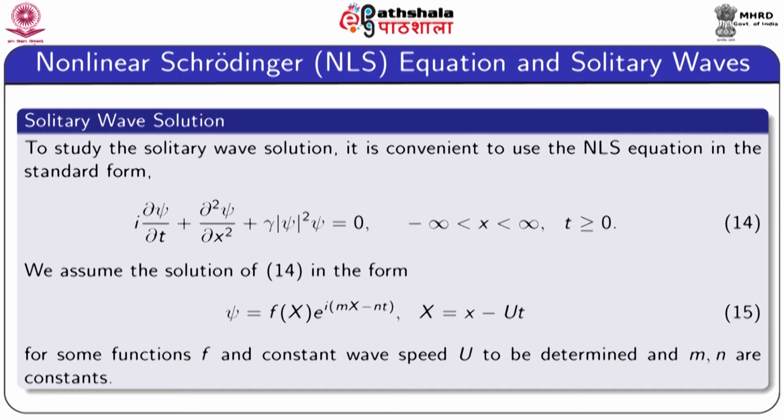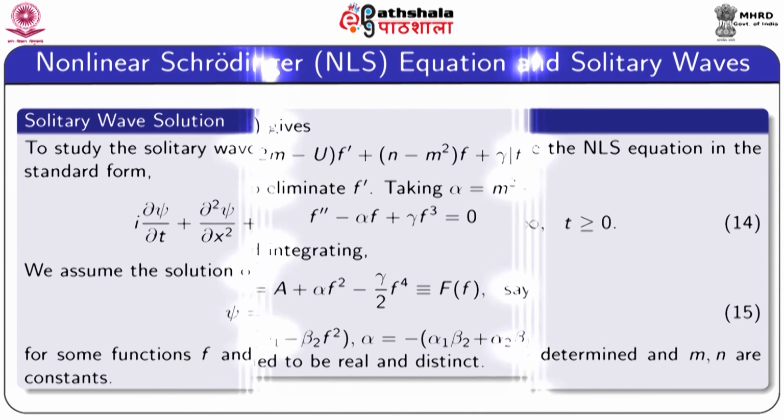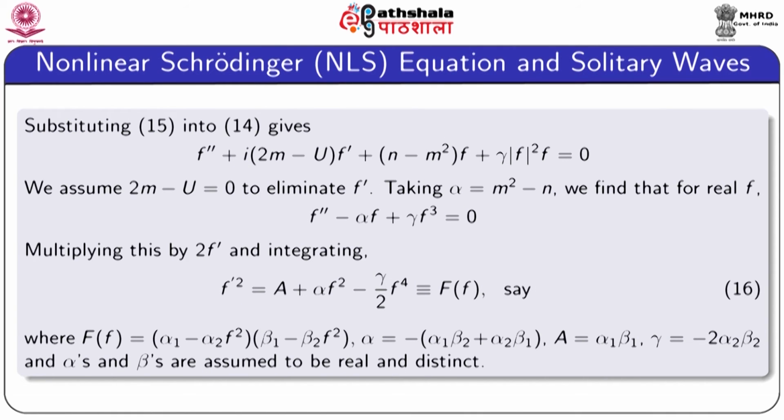We assume this type of solution, written in 15, and substitute it into equation 14 and obtain an ordinary differential equation in f, which is written in the first line of this slide, where f double dash represents the second derivative of f with respect to capital X and f dash is the derivative with respect to capital X once.